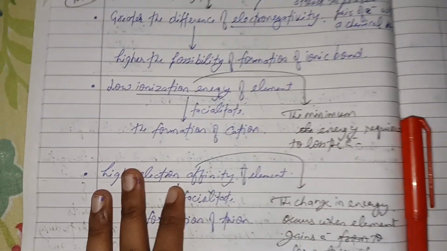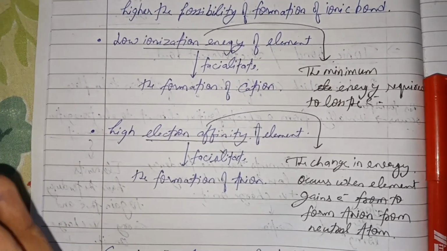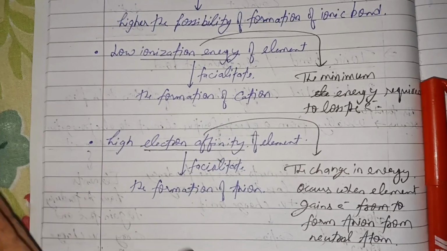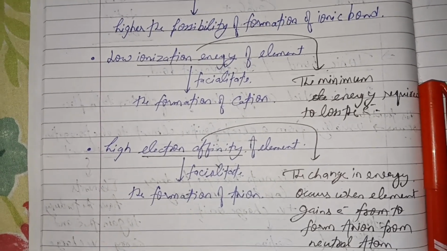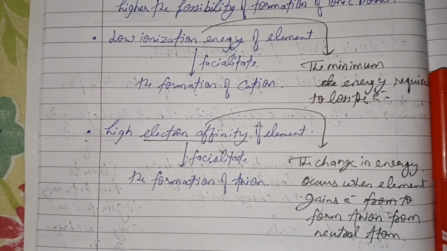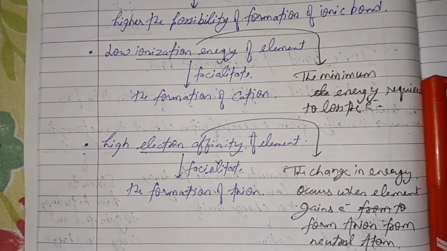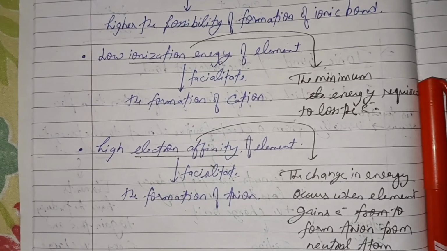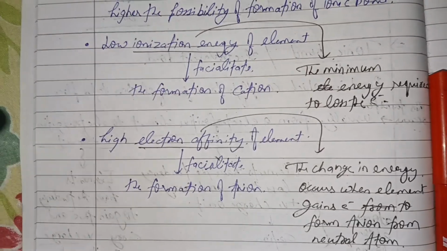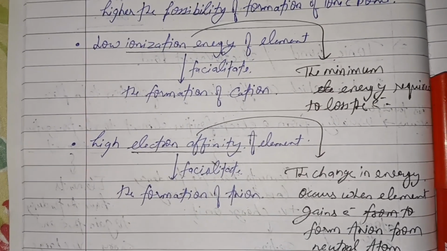The second point is that low ionization energy of an element facilitates the formation of a cation. What does it mean? Firstly, ionization energy is the minimum energy required to lose an electron from an atom. If it is low, that means the atom wants to lose that electron.